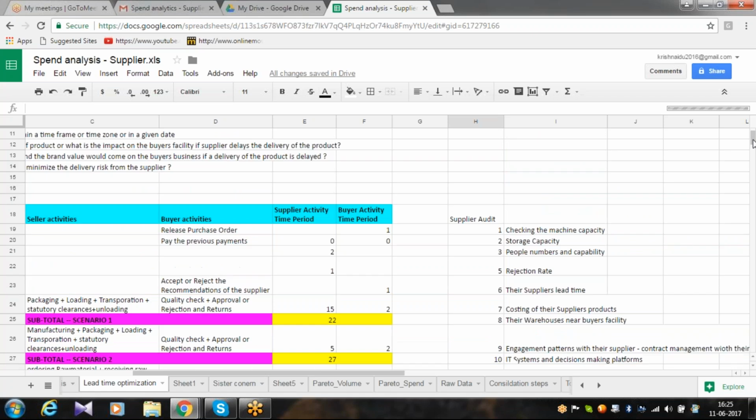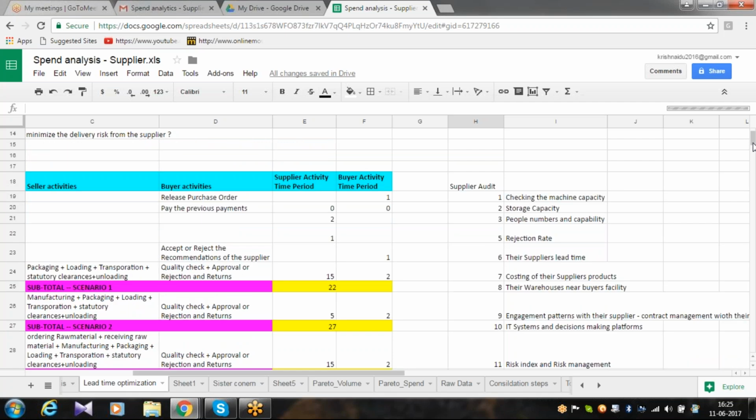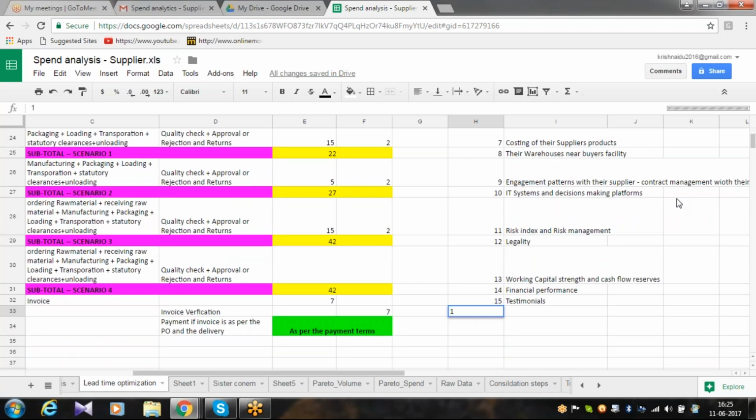Okay, so when we go to a supplier audit, we will check all those things. Then advantages offered by the supplier for contract engagements. 17. Does he keep stock of the required product? 18.